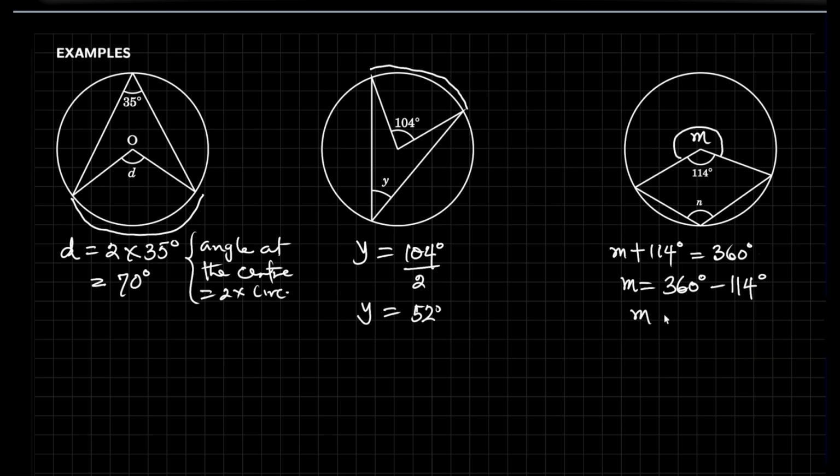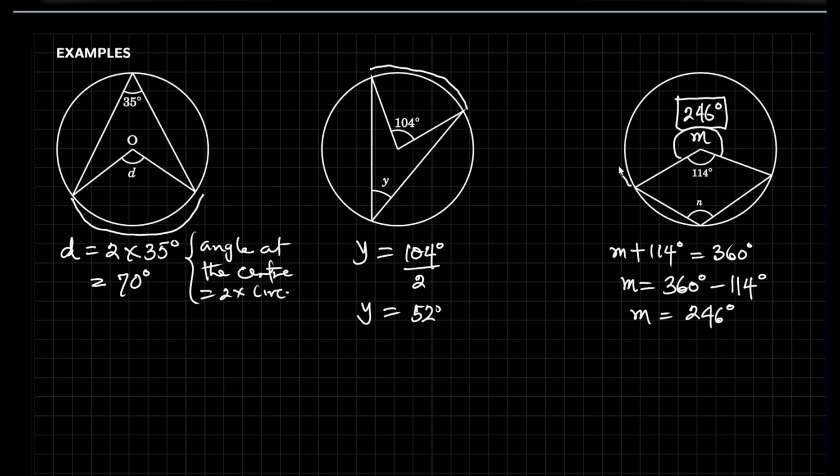So m is equal to 246. Now if this is 246, you can match your 246 with angle n, because both of them are now angles subtended by the major arc, just like we had it in the first explanation that I gave.